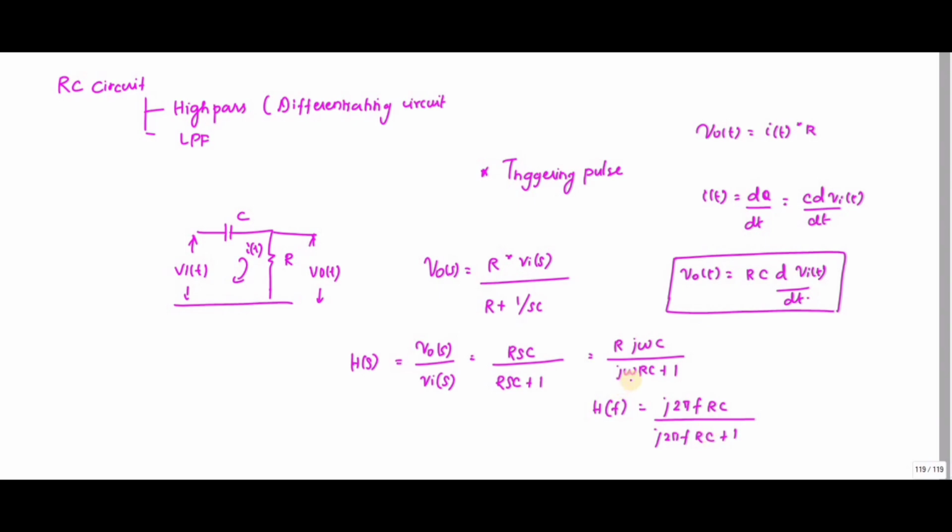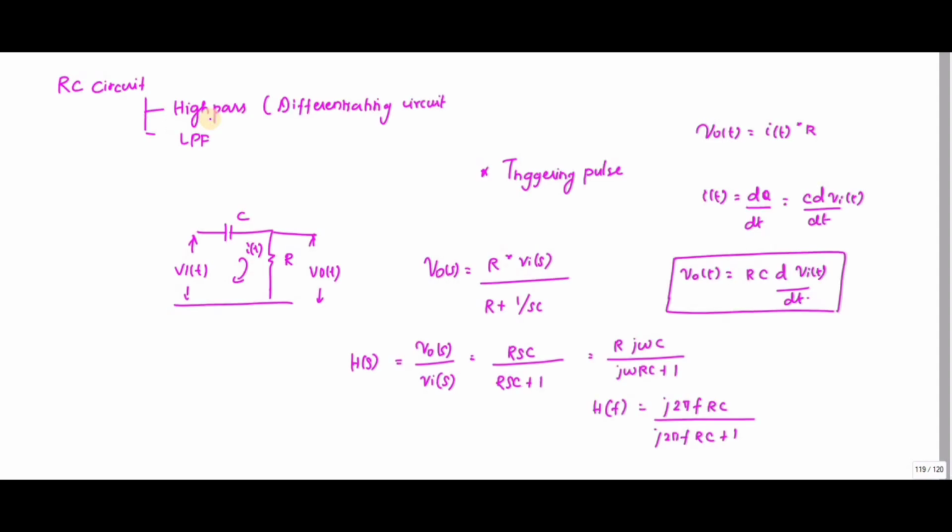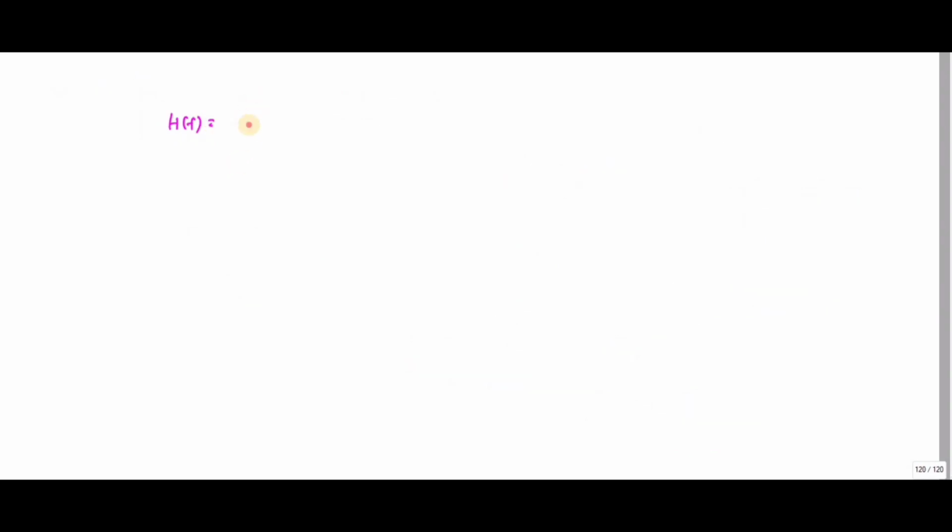So I can write H of F by dividing both terms by j 2 pi RC. You will get 1 divided by 1 plus 1 divided by j 2 pi f RC.